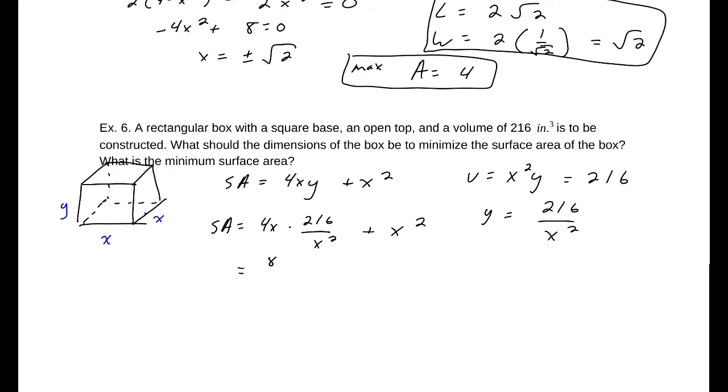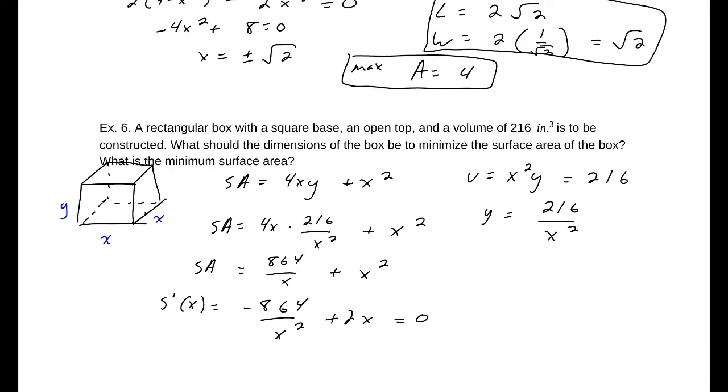So 864 over x plus x squared. Now let's take the derivative of that function. Surface area prime, let's call it S prime, and that is going to be negative 864 over x squared plus 2x.